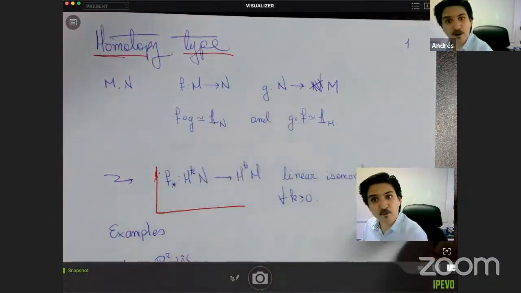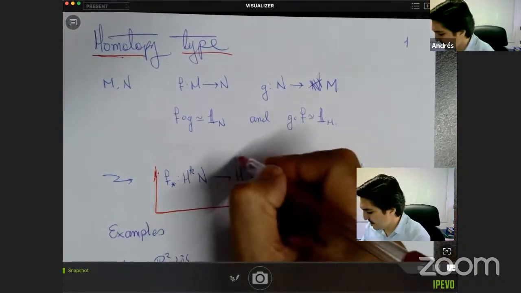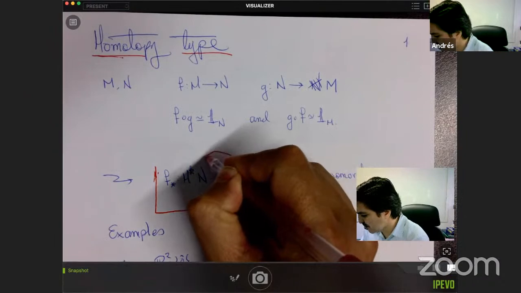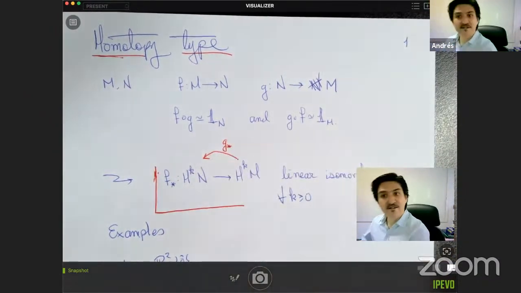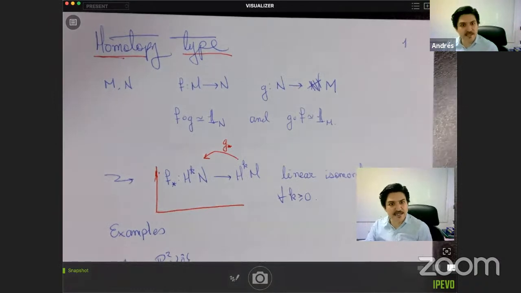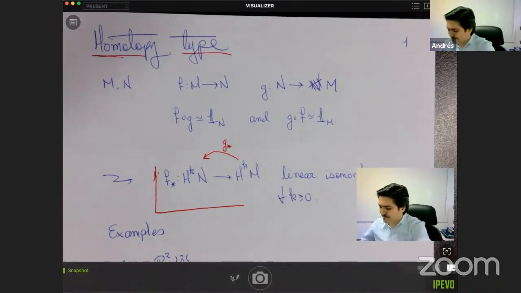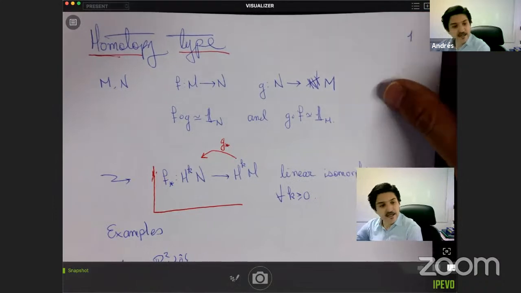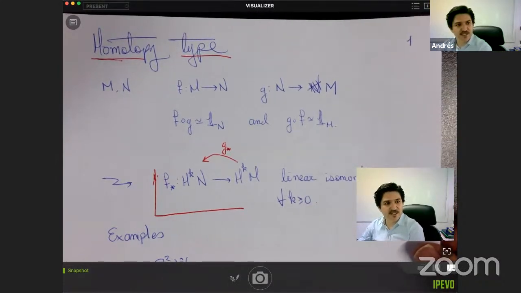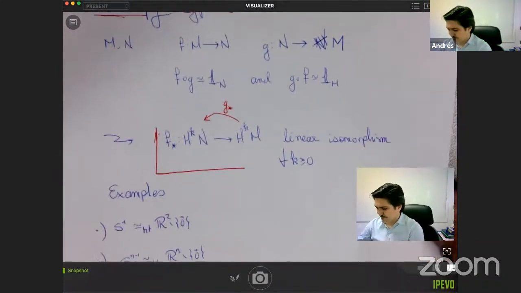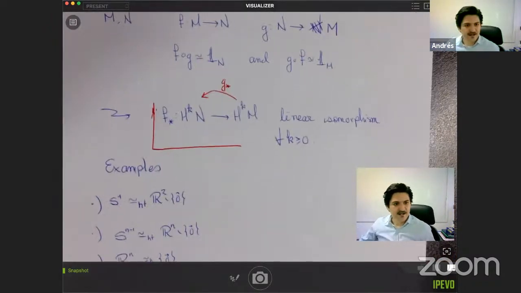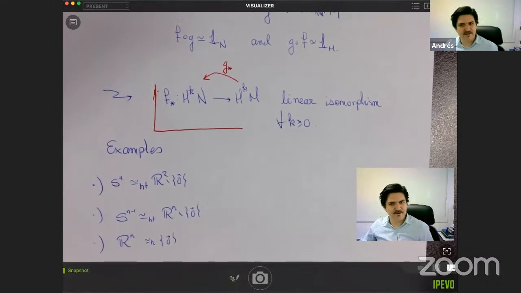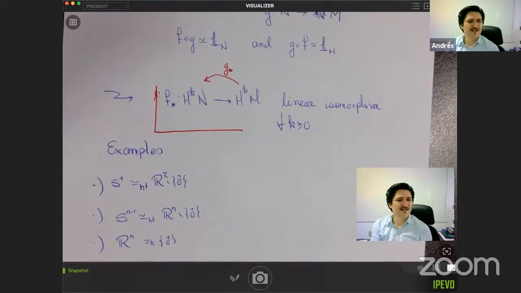And also the other one, I only wrote f, but also g. g star is also a linear isomorphism. And we computed several examples of this. Here is a partial list.